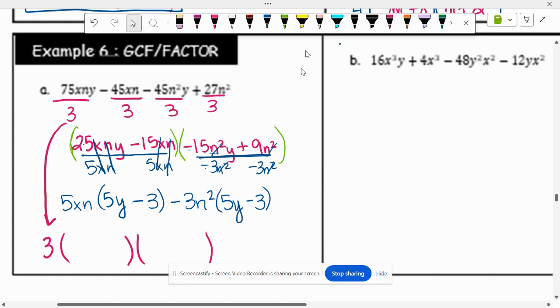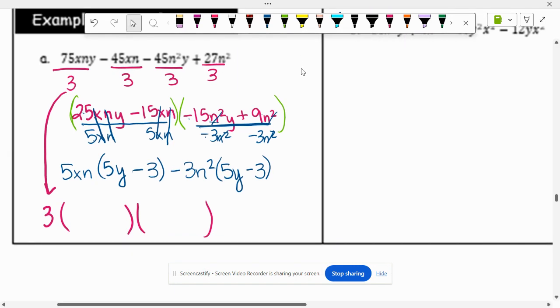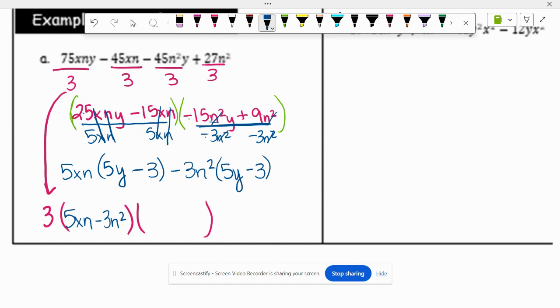So my first binomial, GCF plus GCF, well, that looks like 5xn minus 3n squared. And my second binomial, my twin, 5y minus 3.